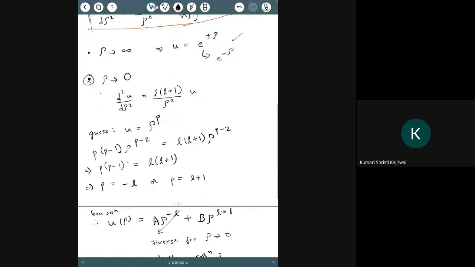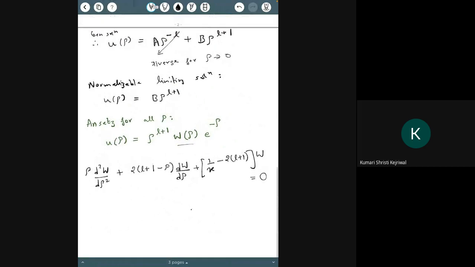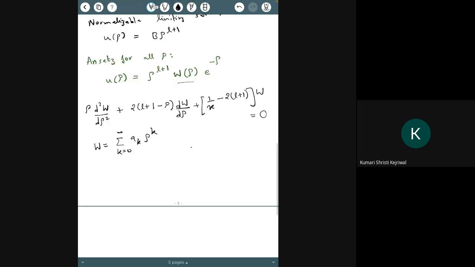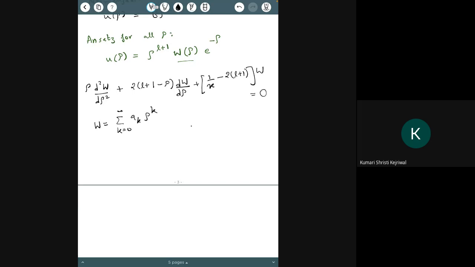Okay, so once you substitute this ansatz, you get this equation in W. And then again for W, we take a general solution, which is a power series solution, and you obtain a recursion relation, just like before.